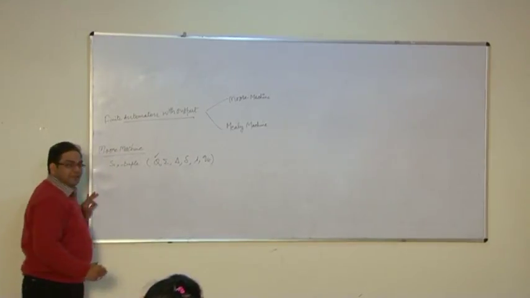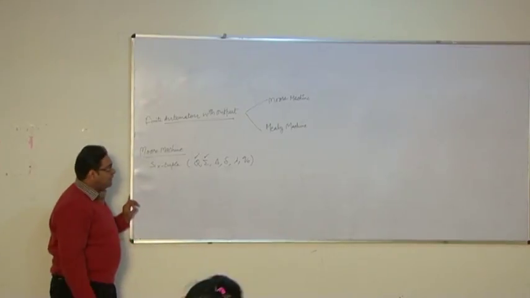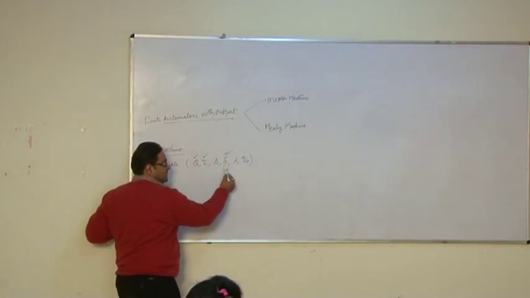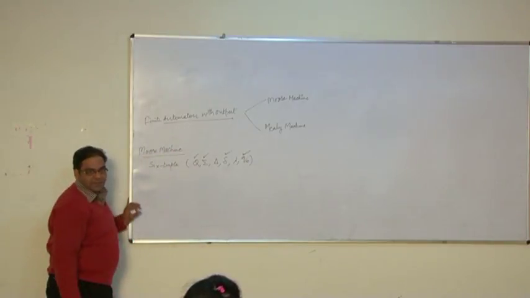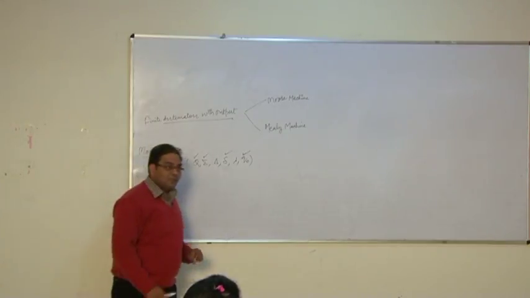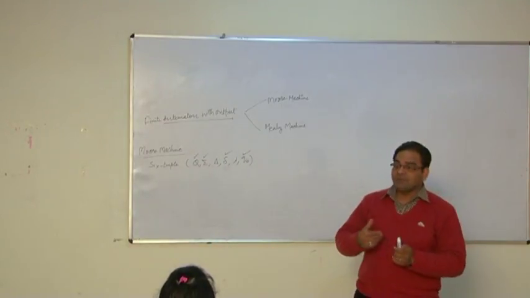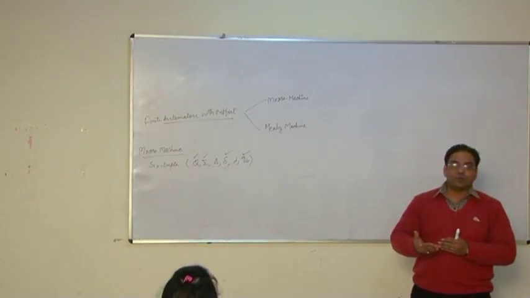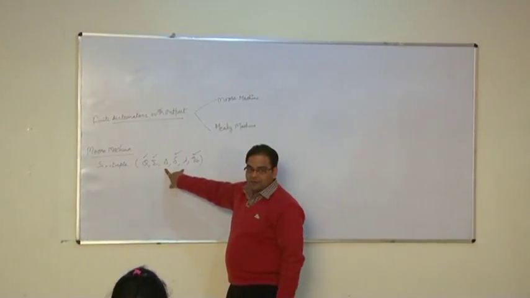Q is the same as in finite automata, sigma is the same, the transition function delta is the same, q naught is the same, right? So what is missing over here? F is not there. Why? Because we are not concerned about the acceptance or rejection of the input string, but here we are finding the output, right? So two components have been added over here.